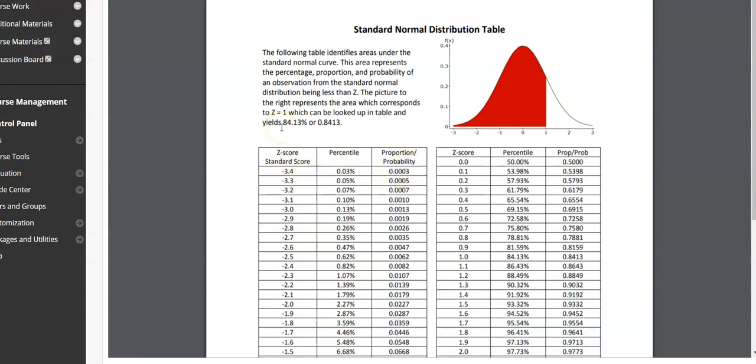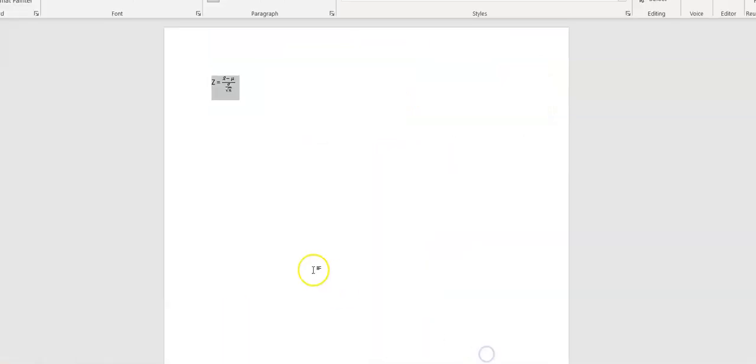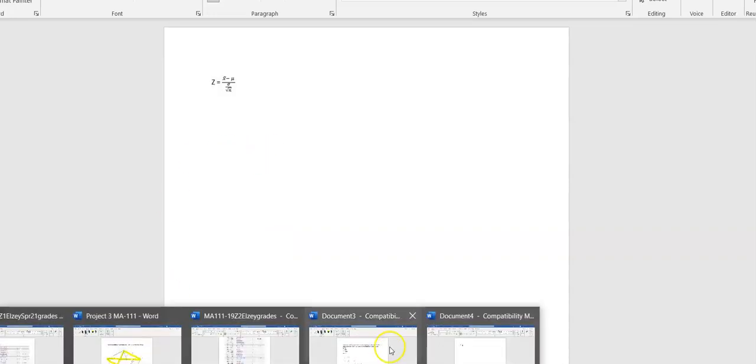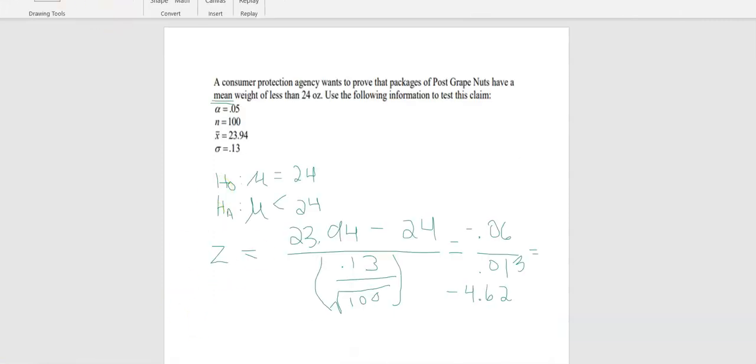So, since negative 4.6 is smaller than anything on the table, what we say is that the p-value that we're looking up, our p-value, which is what we were looking up, is less than 0.0001.